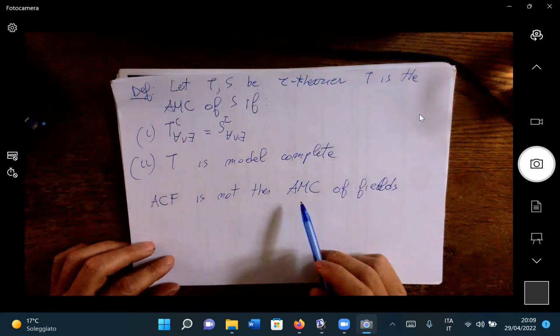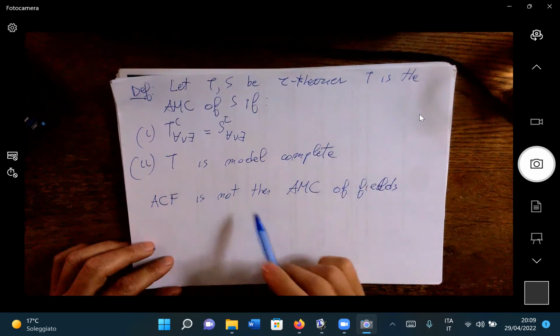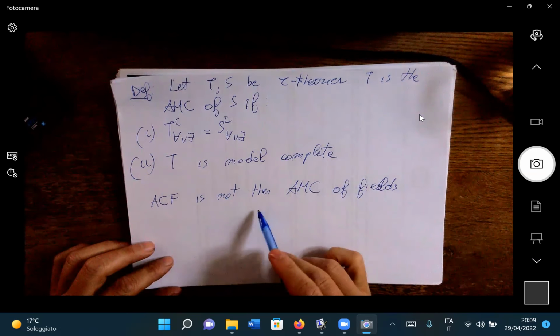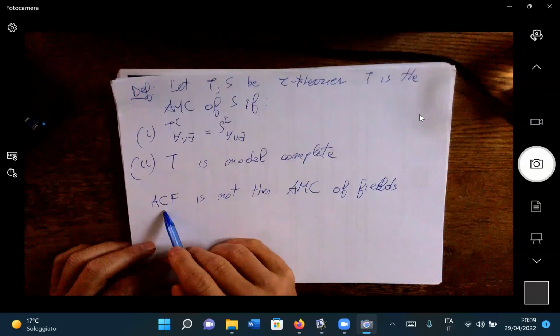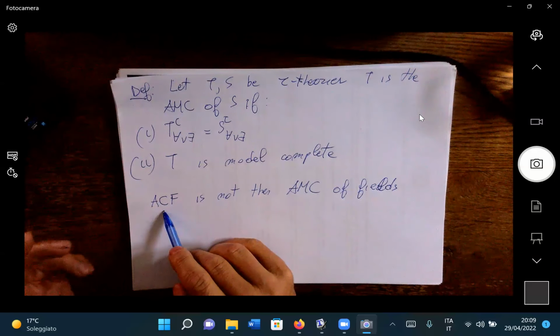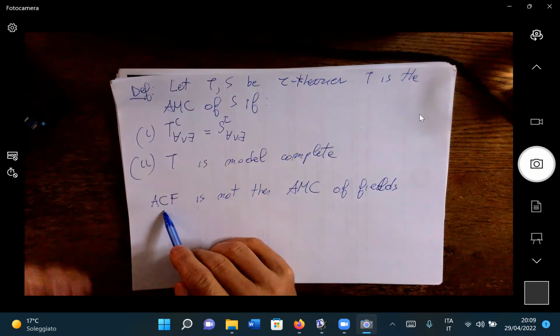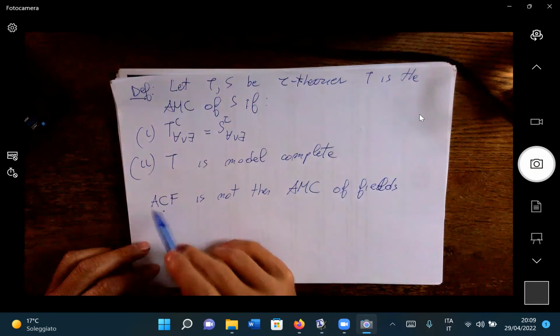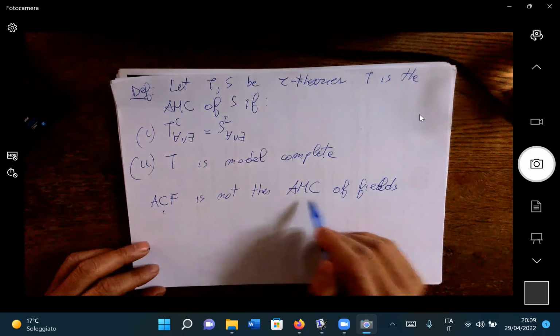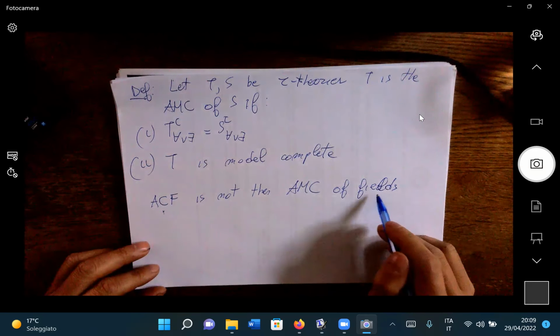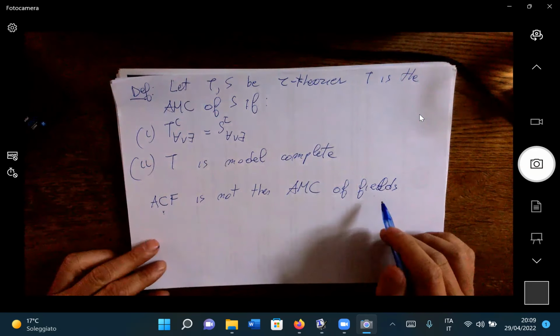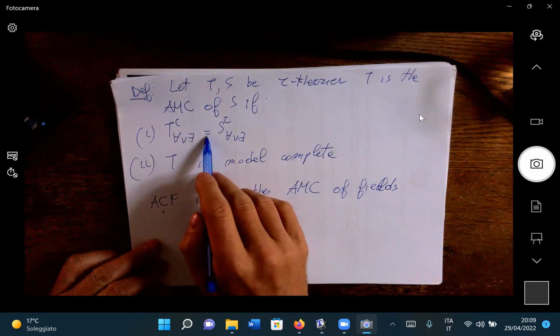Why? Because the sentence exists x such that x squared plus 1 equals 0 is an axiom of ACF, actually in the Boolean combination of universal sentences, but it's not an axiom of the theory of fields because it fails in the rationals. So this equality is false.